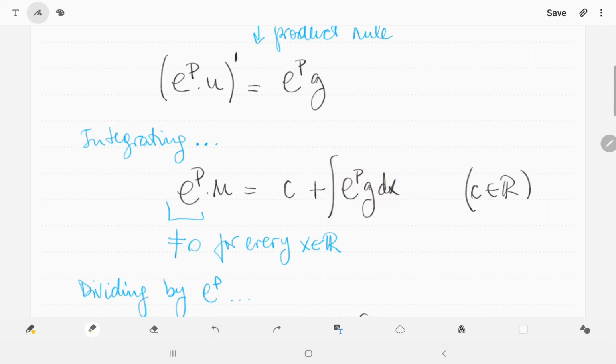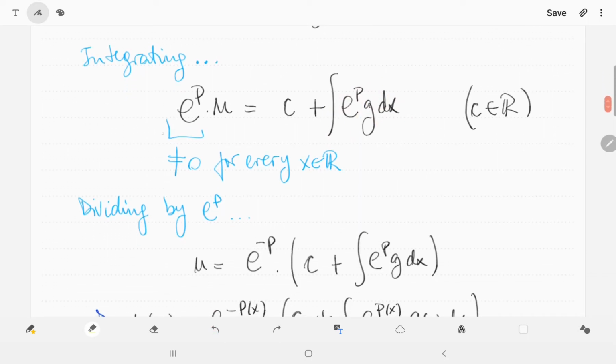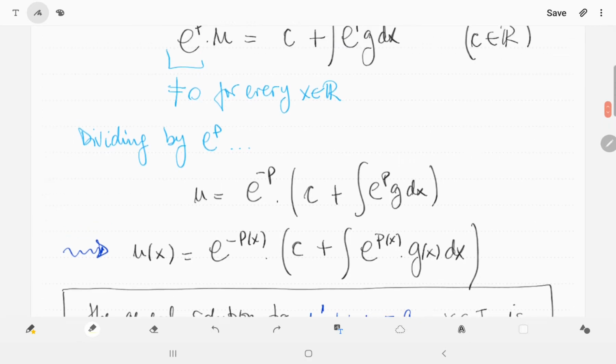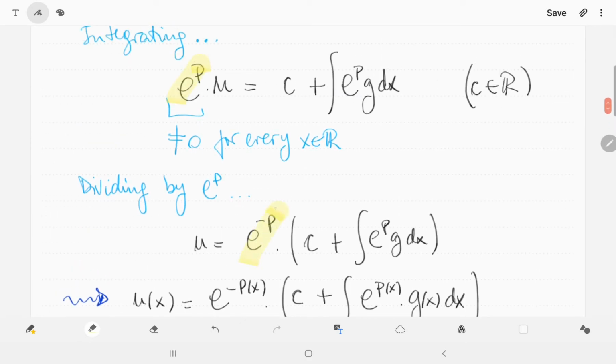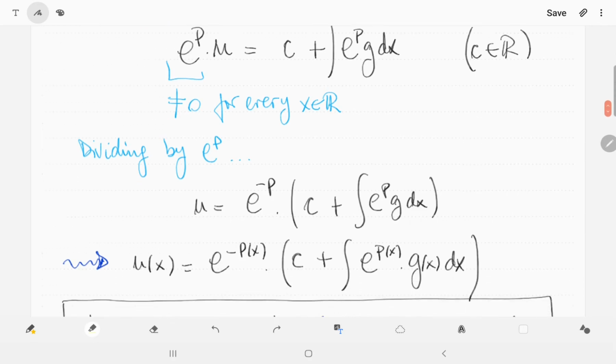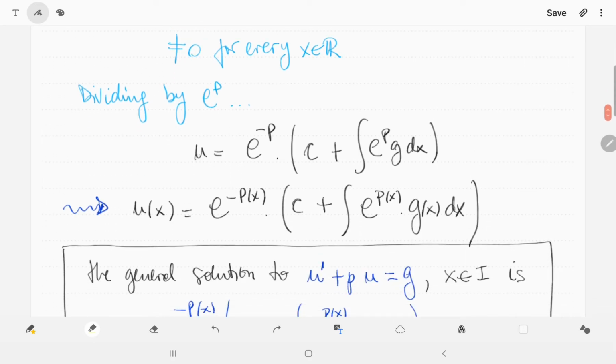Okay, so now we realize, and we were using that a lot, that the exponential to the power of something, whatever, is never equal to 0. So we can divide by it. Dividing, this exponential goes to the other side of the identity, and we get exactly the solution u.